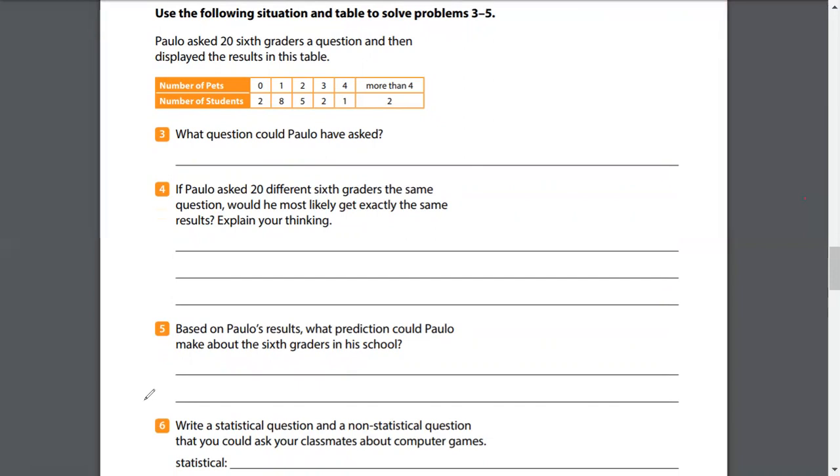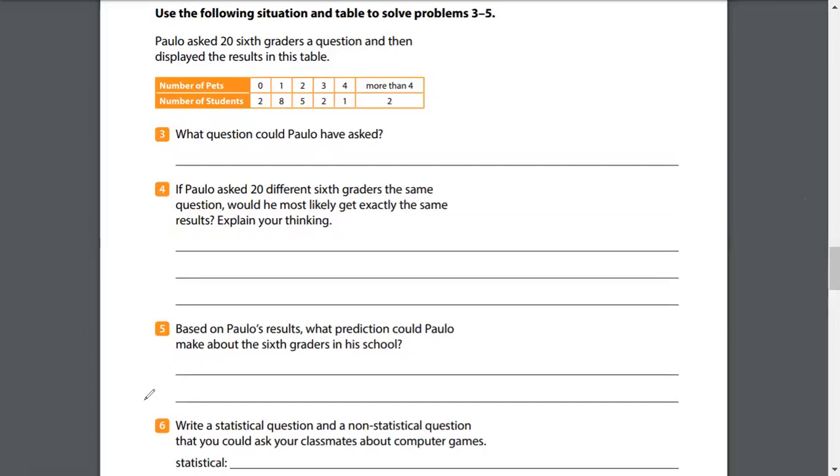If you look at the number of students, here we have the number of students that are 8 and 5, which adds up to at least 13 students. They usually have between 1 and 2 pets. So I think Paulo can predict that most of the students in his class have between 1 and 2 pets, or no more than 2 pets.